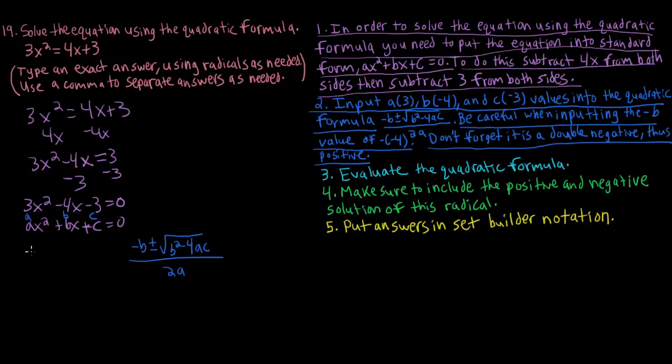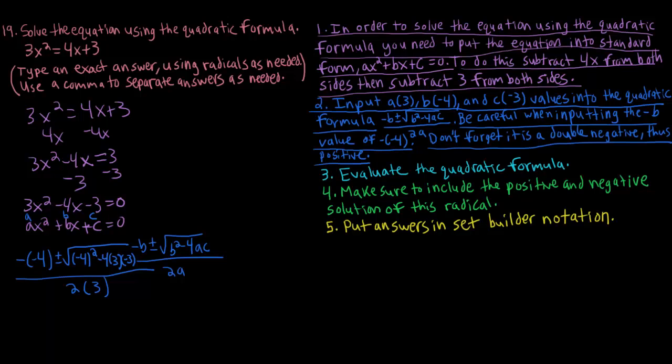So input the b value, it's minus negative 4, and then plus or minus the square root of negative 4 squared, and then minus 4 times a, which is 3, and then our c is negative 3, so negative 3 right here, and that's all over 2 times a, which is 3.